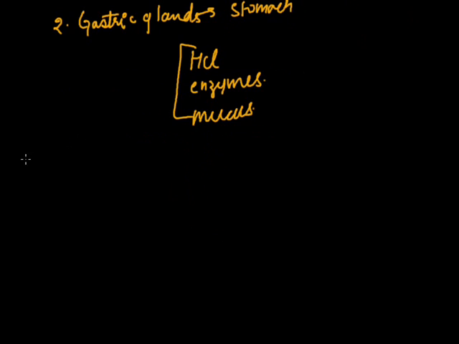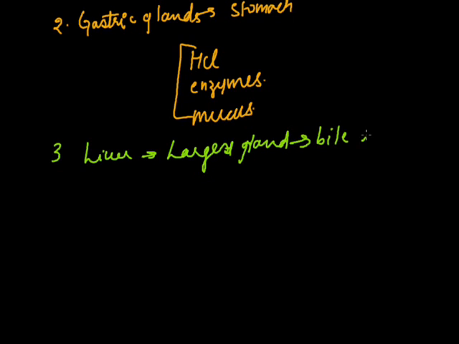Now next important gland is liver. Liver is called as the largest gland which secretes a juice that is called as bile juice. This bile juice consists of bile pigments and bile salts. Juice and pigments, these are two different things which are present in this.